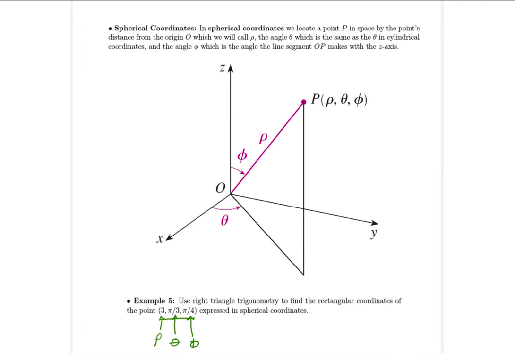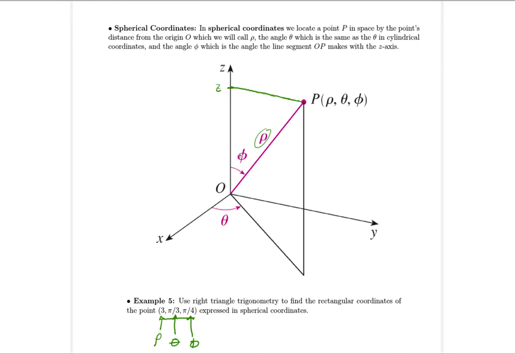All right, so how do we attack this? Well, I would just refer to this picture. Okay, so we need to know what the x, y, and z are. So maybe we should start with z. Our z is this height here. But when I draw a line from my z out to the point, I form a triangle that has a hypotenuse equal to rho, and this angle here equal to phi.